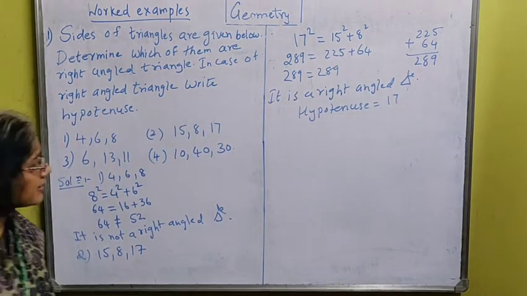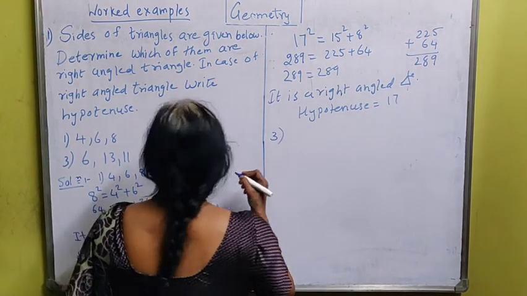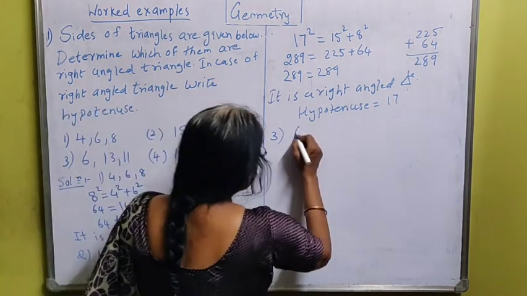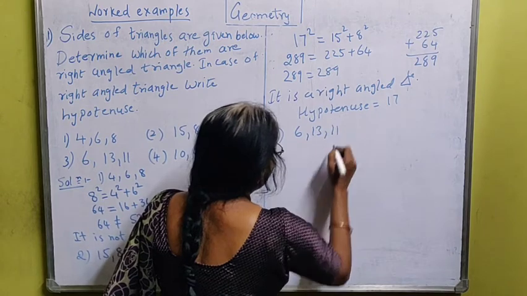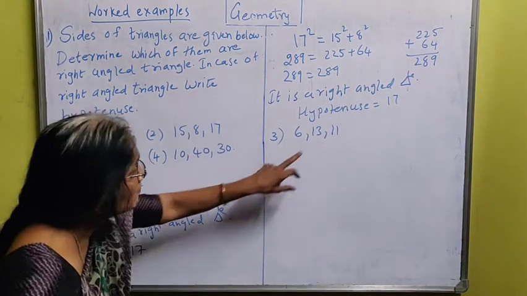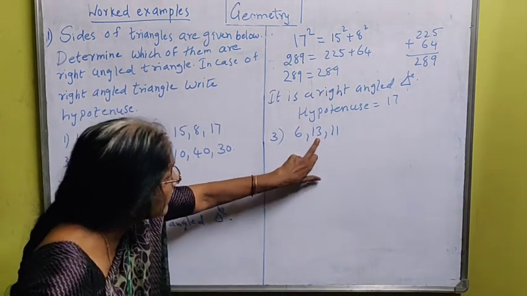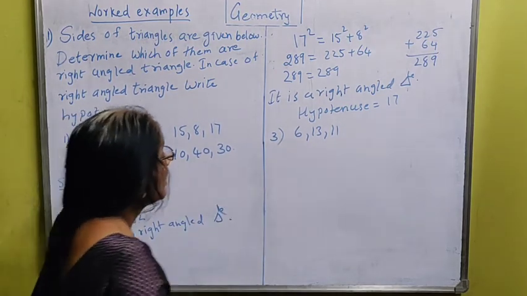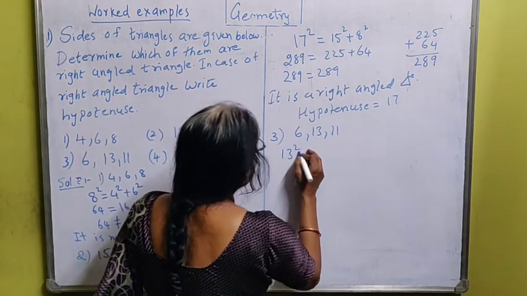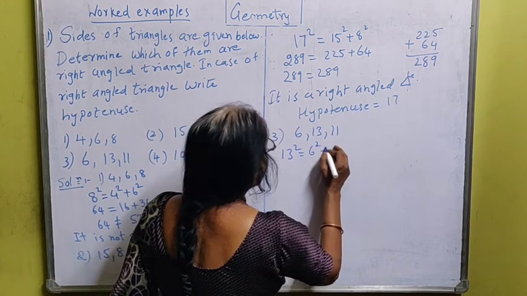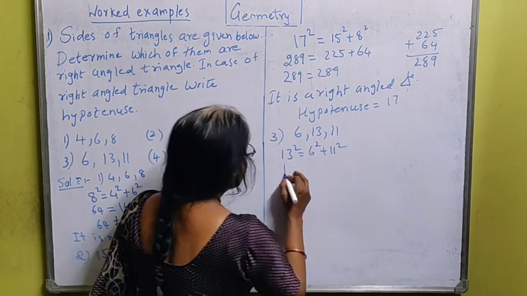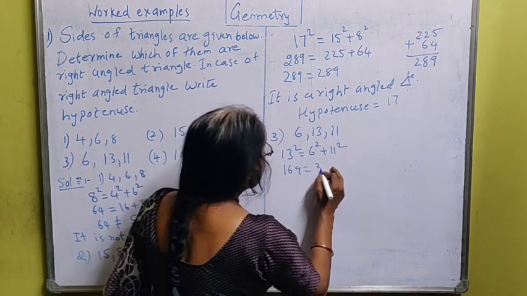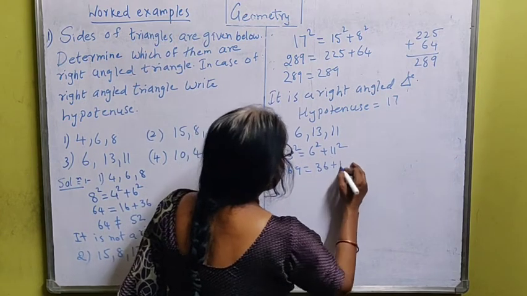Third sum. Let us go for the third one. What is the third one given? 6, 13 and 11. Same way, which is the greater number? 13. So you have to prove that 13 square is equal to 6 square plus 11 square. 13 square is 169. 6 square is 36. 11 square is 121.